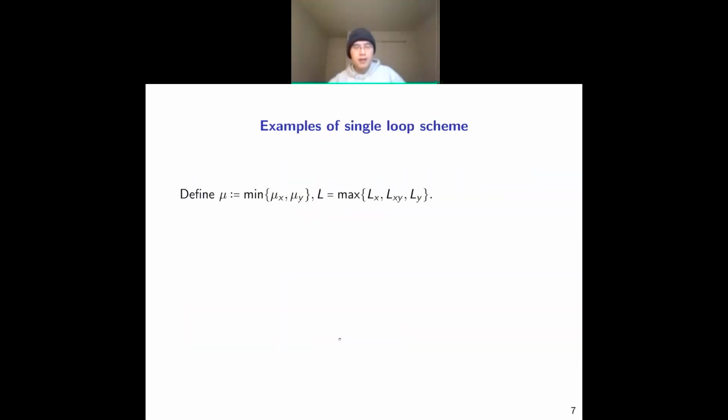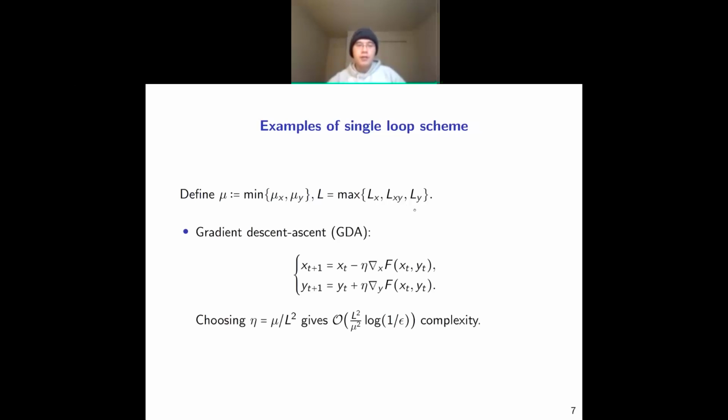So now let's see some detailed examples and the iteration upper bounds provided by them. In this case, we just define mu to be the minimum of mu_x and mu_y, and L to be the maximum of that whole bunch of different L's. So the first, simplest case is the gradient descent ascent. At the t-th iteration, we just do one gradient descent step for x and one gradient ascent step simultaneously for y.